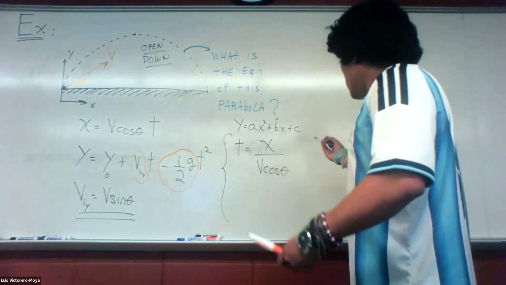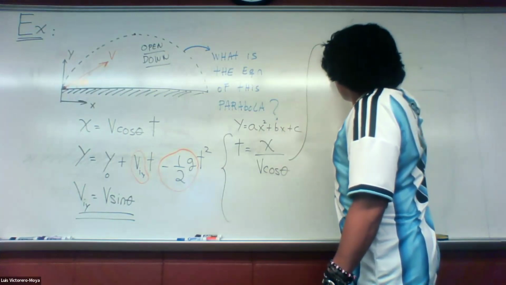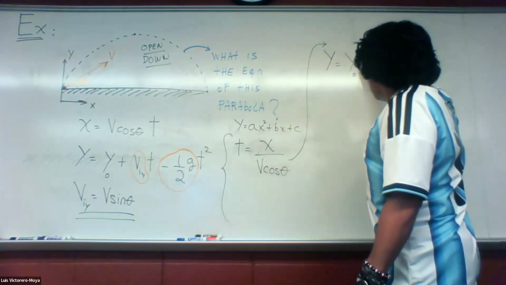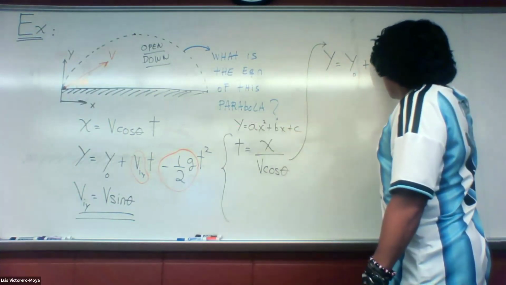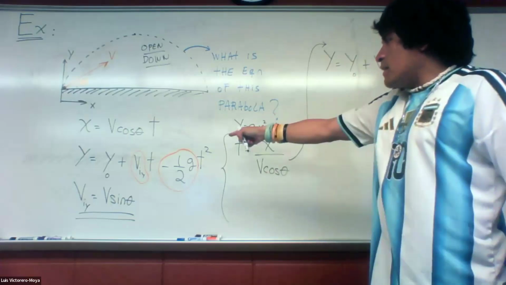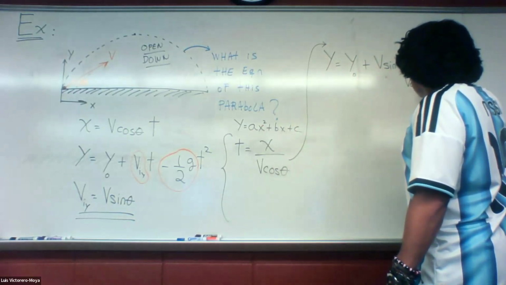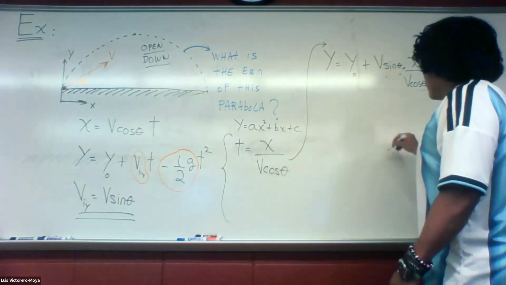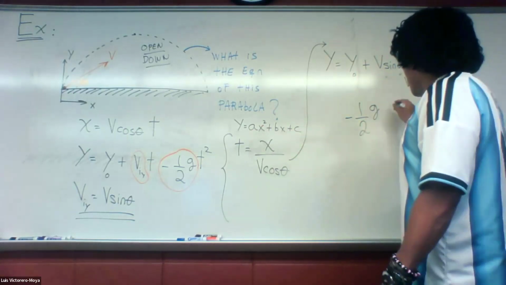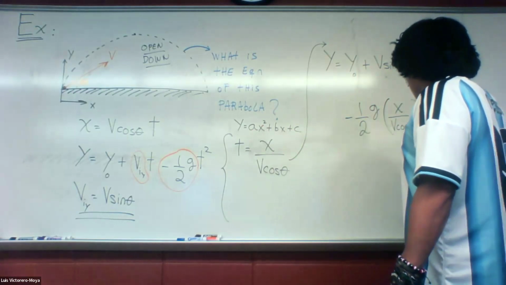So y is y initial plus v initial on y, which is v sine theta, multiplied by time. But time is this, x over v cosine theta, minus 1/2 gravity times time squared, x over v cosine theta squared.